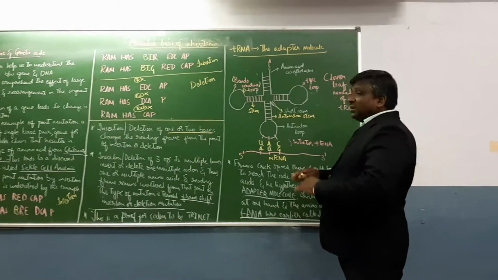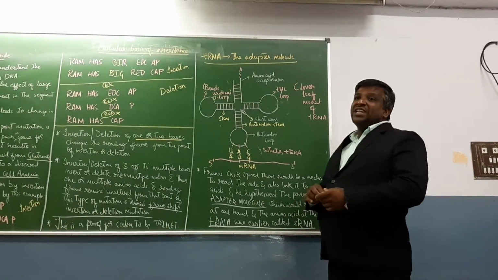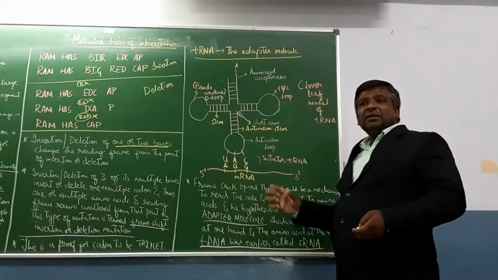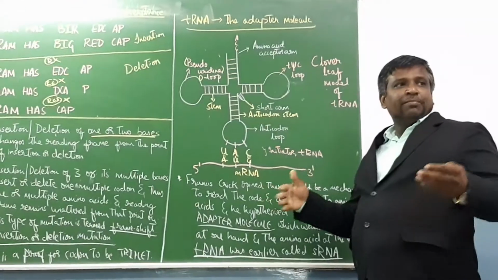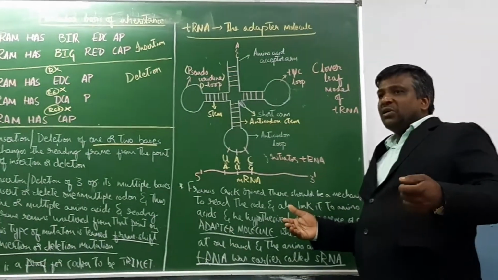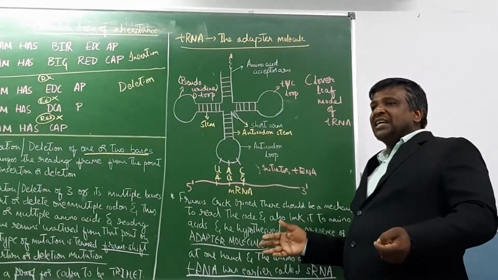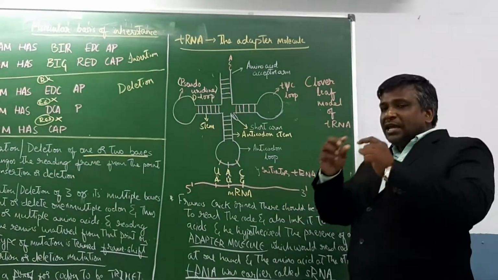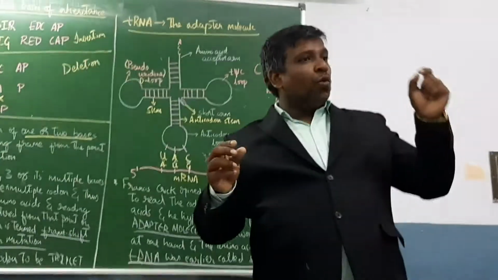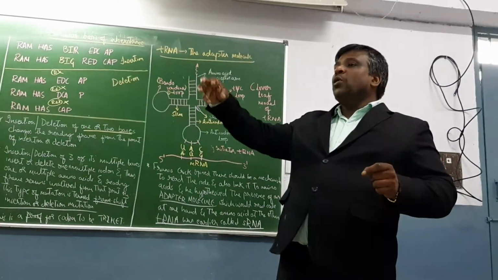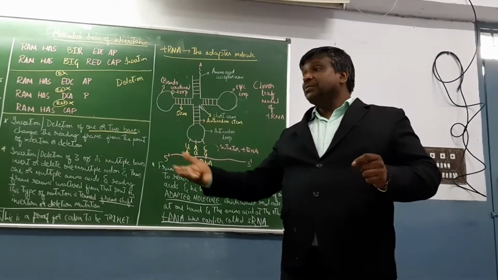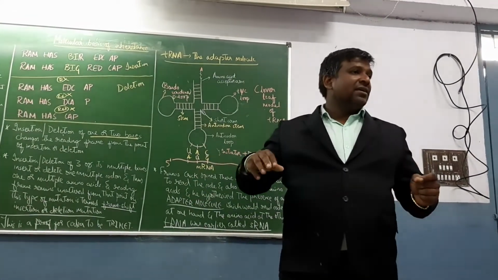Okay. Now, next we have to understand the structure of tRNA. When Francis Crick put forth the concept of the central dogma of molecular biology, he knew that there must be an adapter molecule to read the message in mRNA, and hypothesized it. But it already existed.